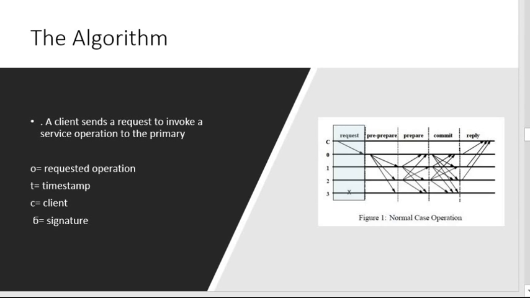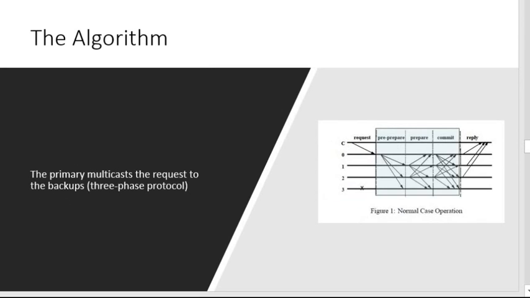For example, the timestamp could be the value of the client's local clock when a request is issued.